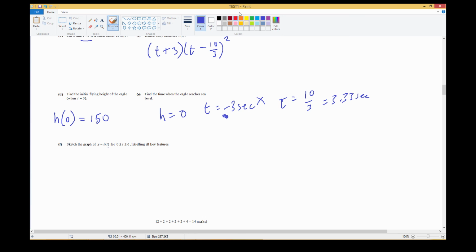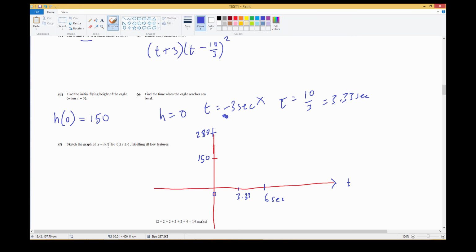Again, you use a ruler. So just say this is 150, that's 150 meters, and up here somewhere it's 288, and down here is our time. So this is 0 time, and we'll say this is 6 seconds, and 3.3 is a bit more than halfway.